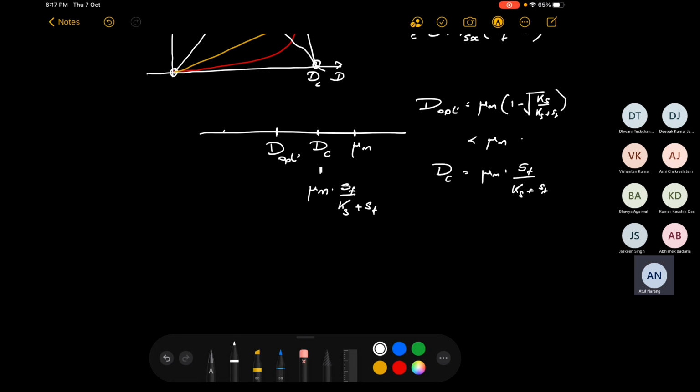Actually, maybe I'll just move forward. Let's just say it turns out that the chemostat gives you almost 5 times.